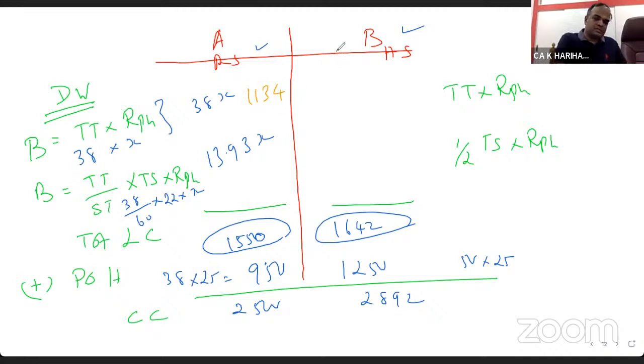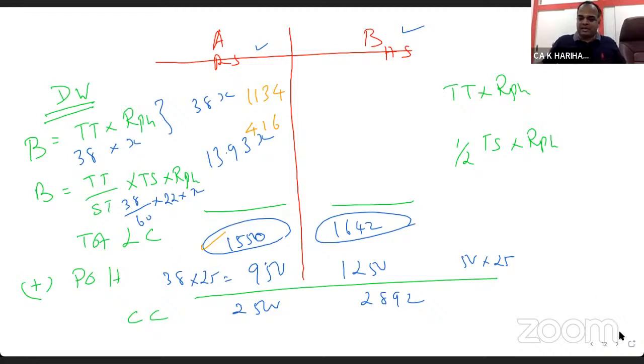Similarly, 13.93 into 29.85 is equal to 416. So 416 plus 1134 is equal to 1550. Does it tally or not?